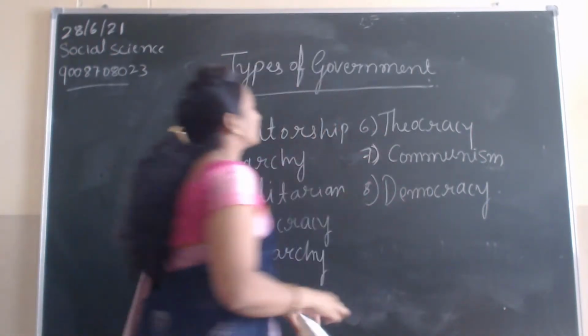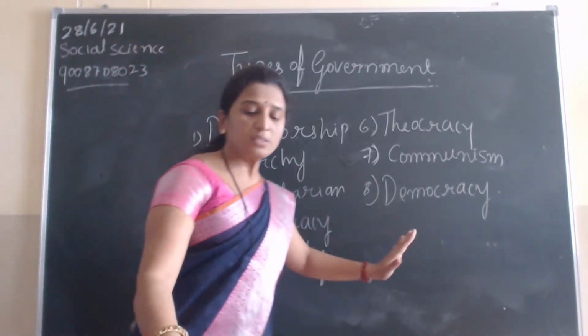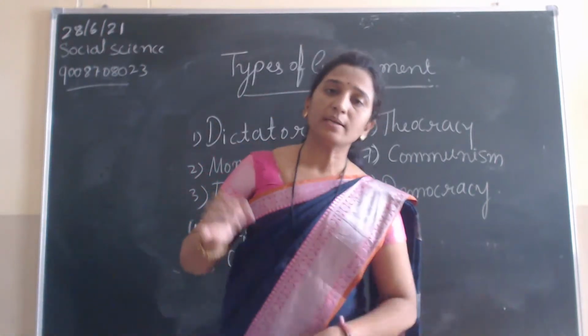These are the types of government. You can write down these points. I will give the definitions of them and what each comes under.